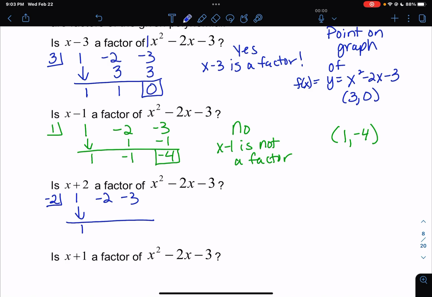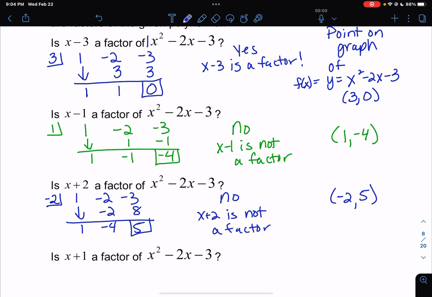Bringing down the first coefficient and multiplying and adding, we see that the last term is 5. That means the remainder is 5. If the remainder is 0, we know we have found a factor. So the answer here is no, x plus 2 is not a factor. But there is a point that corresponds to the graph, which is -2, 5.